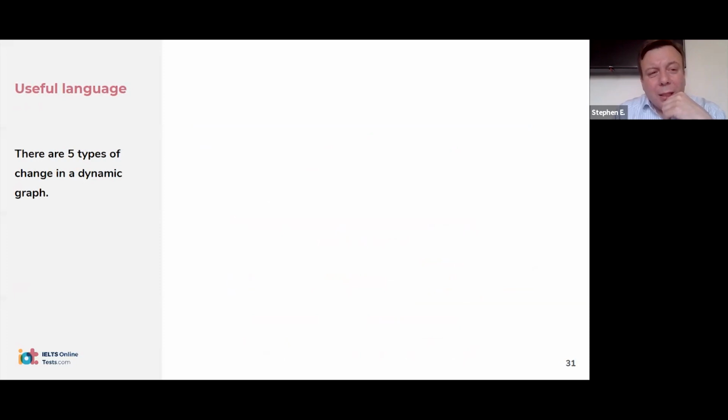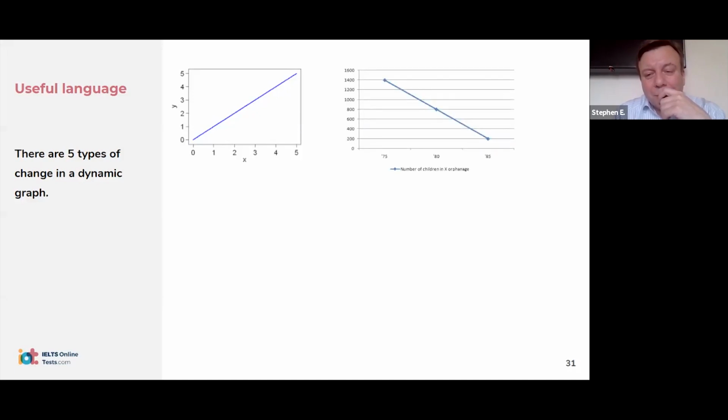Right. So we've got five types of change in a dynamic graph. So what's this one? How would you describe this? Increase, rising. This one? Yeah, okay, good. This one. Maybe not flat, constant, yes. Yeah.